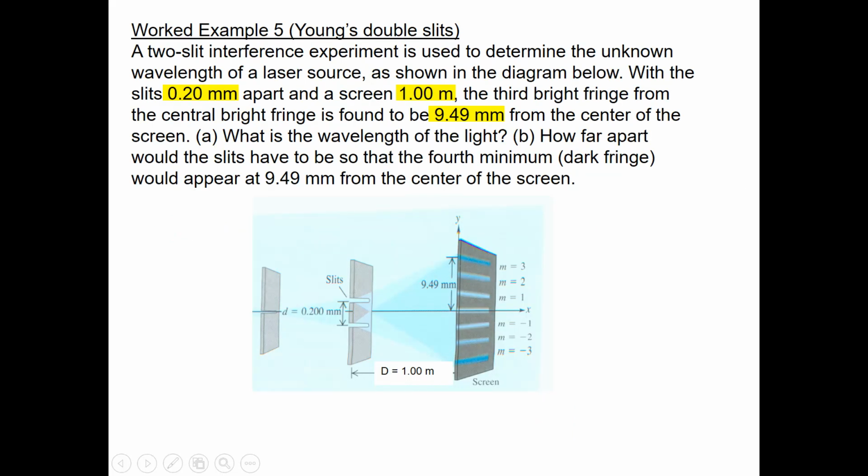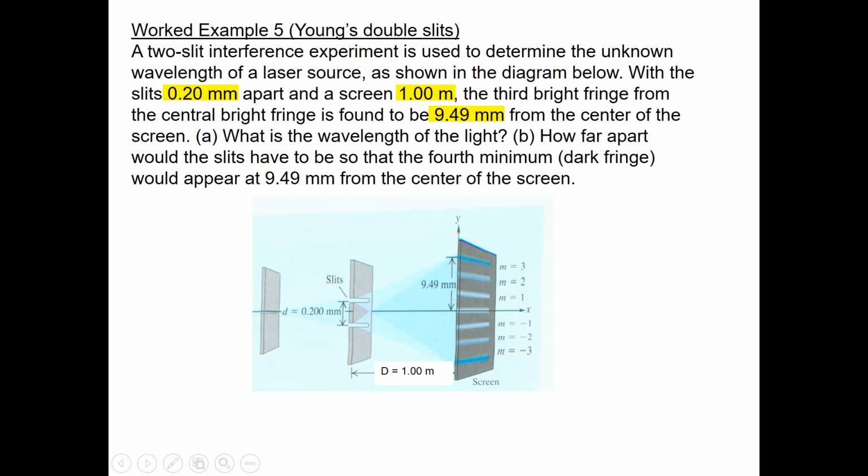Now let's take a look at worked example 5. Young's double slit experiment. You have a two-slit interference experiment used to determine the unknown wavelength of a laser source, as shown in the diagram below. There's a laser source coming in. This is the slit.